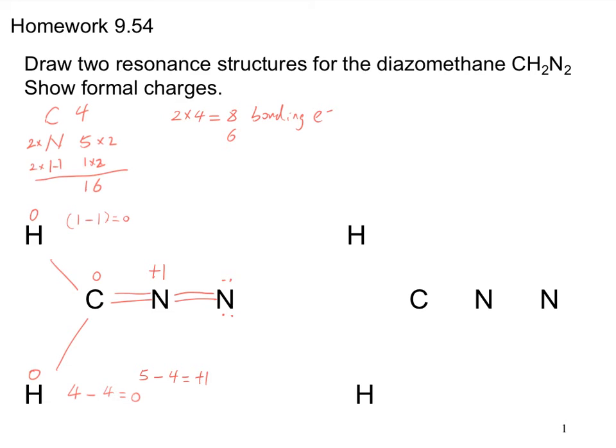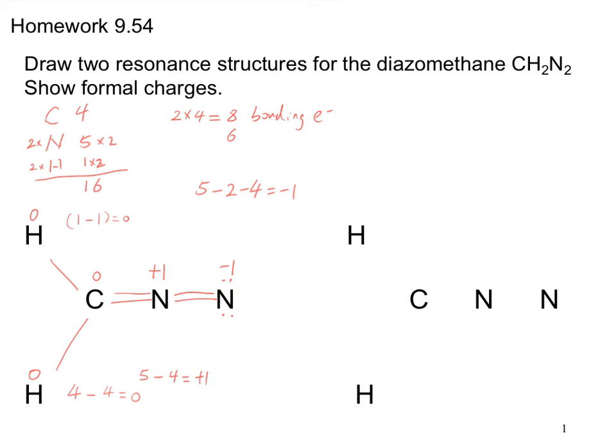The formal charge for the terminal nitrogen is 5 valence electrons from the neutral nitrogen atom minus 2 bonds minus 4 lone pair electrons, 2 here, 2 here. Therefore, we have negative 1. So the sum of the formal charges, plus 1 minus 1, is 0, which agrees with this being a neutral molecule.